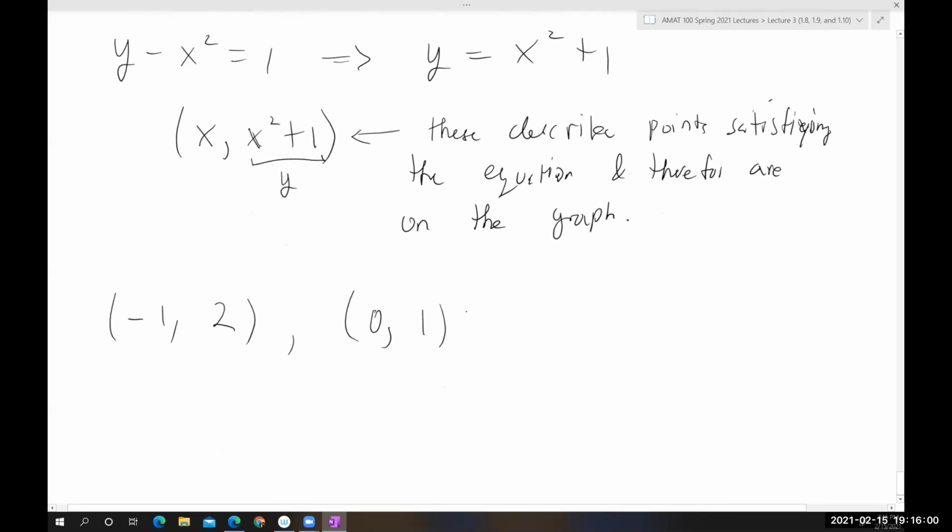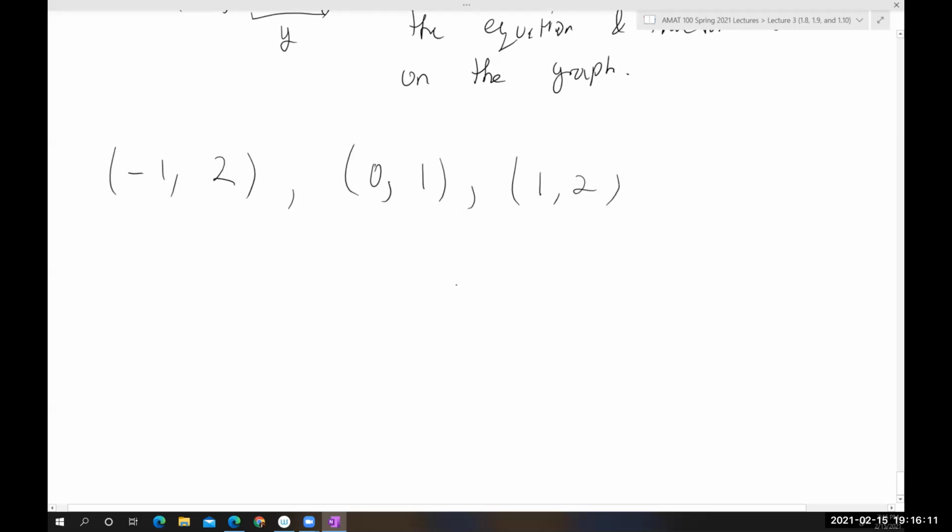And maybe one more point. If you plug in 1 for x, y will be 1 squared plus 1, which is 2. And if you plug in a bunch more points for x, you'll find the corresponding y values that satisfy the equation. And if you do that enough times, you'll get a plot.